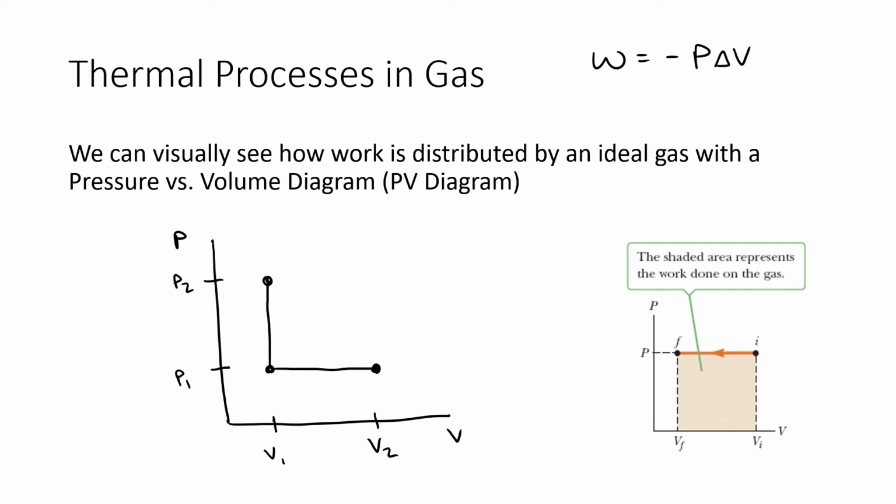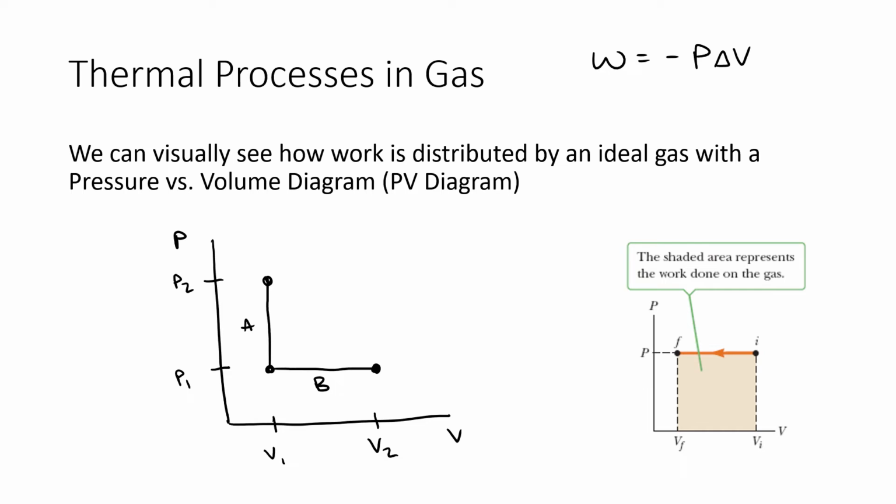So let me label these as path A and path B. But these are actually already decided, or fundamental parts of this PV diagram.